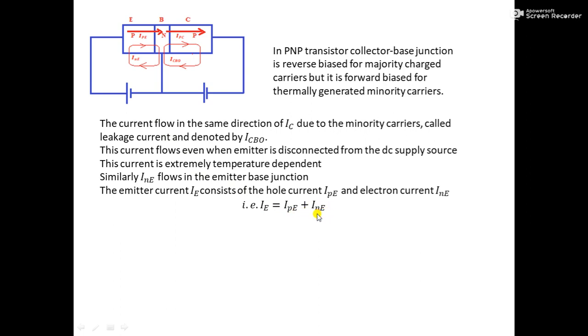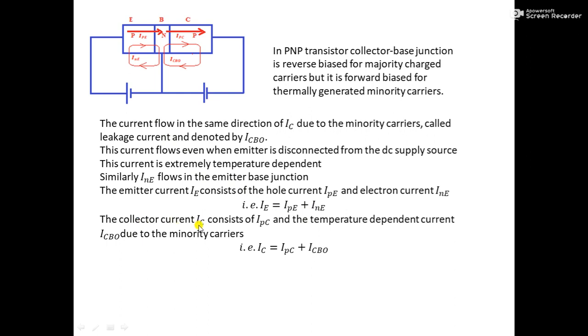So the total current IE can be written as IPE, the current due to the hole, and INE, the current due to the electron. The collector current IC consists of IPC and the temperature dependent current ICBO due to the minority carriers. So here we can see that IC, which is flowing in this direction, is the sum of IPC plus ICBO, where IPC is the collector current and ICBO is the current due to the thermal generation of the carriers.